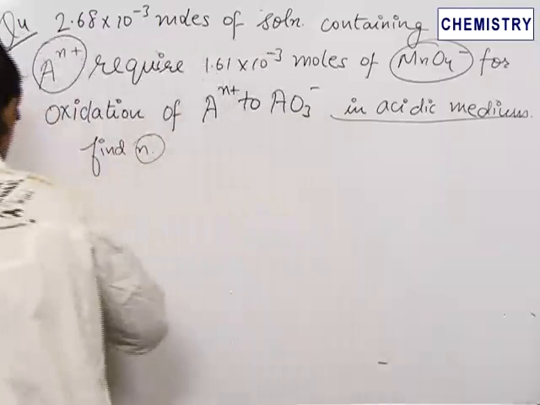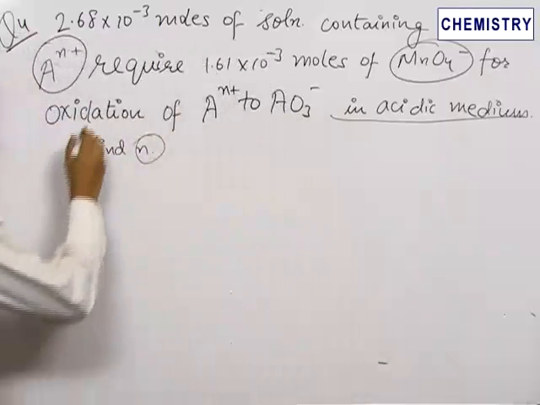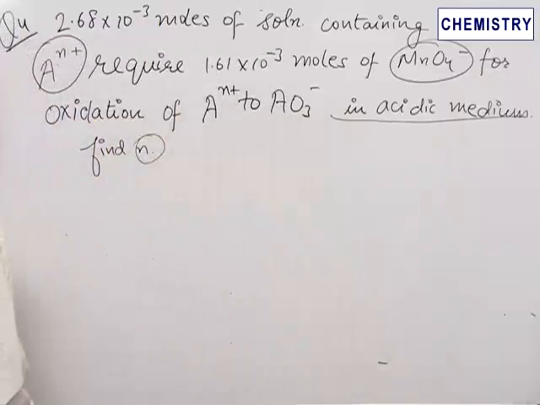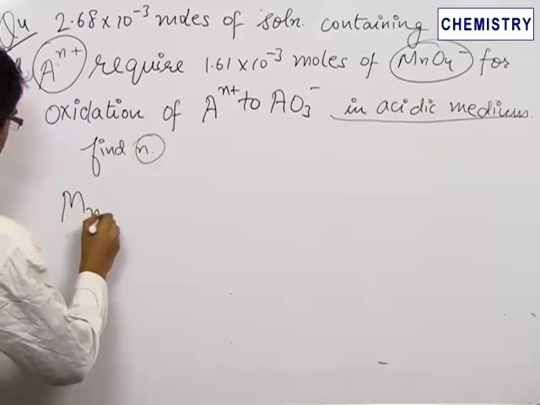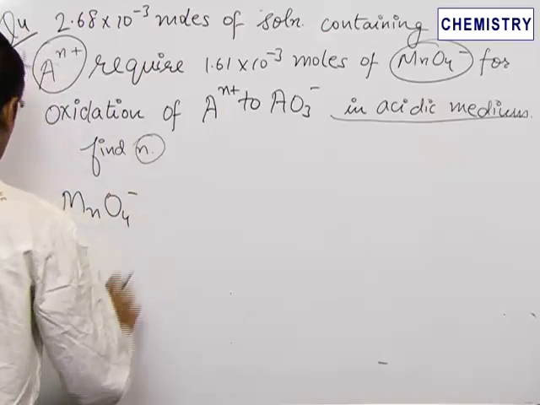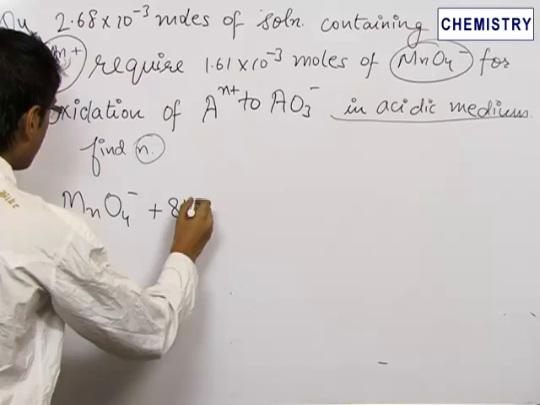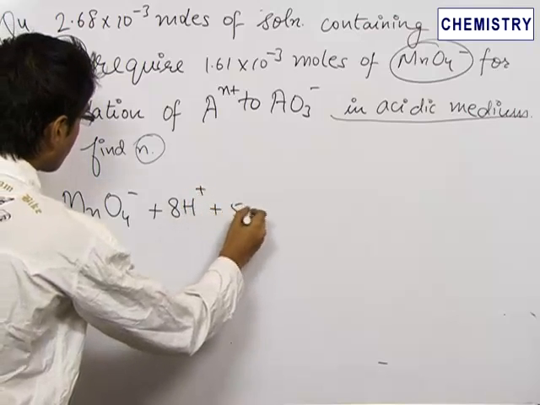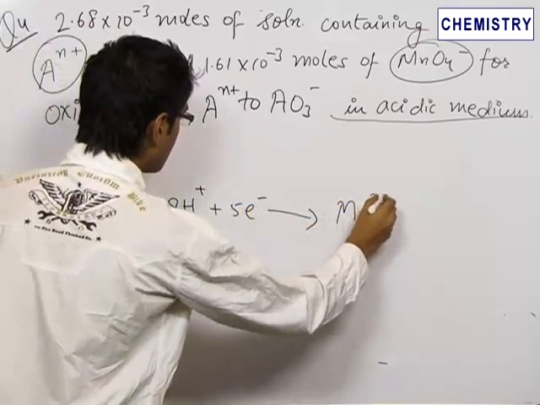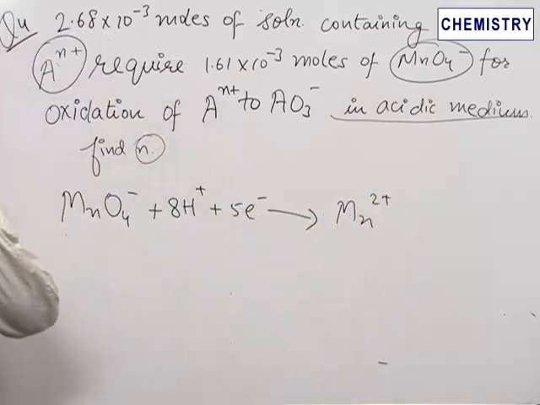Now this question is the most fundamental question of equivalent concept. So we will see what is equivalent concept. First of all, we need to know that in acidic medium, MnO4 negative or KMnO4 performs the following reaction. MnO4 negative plus 8H plus 5 electrons gives Mn2 plus.